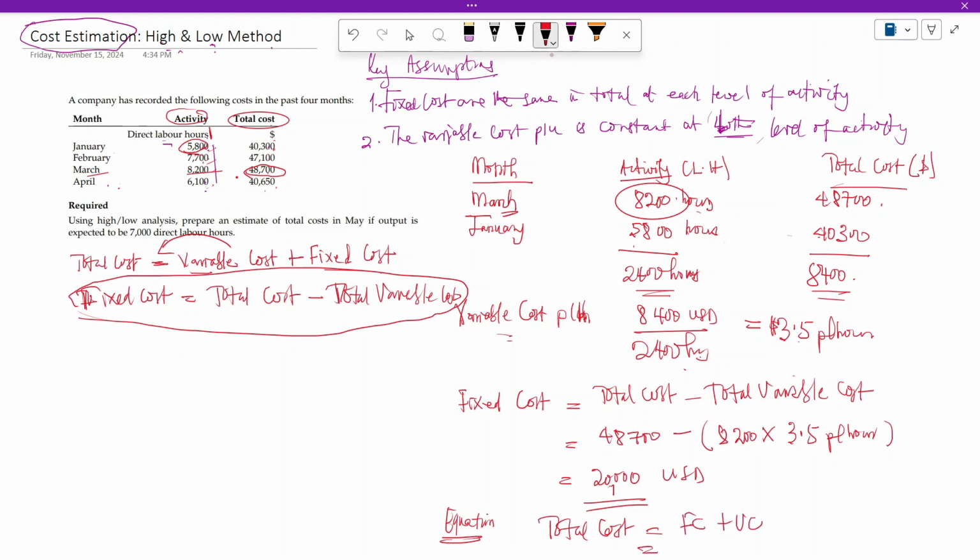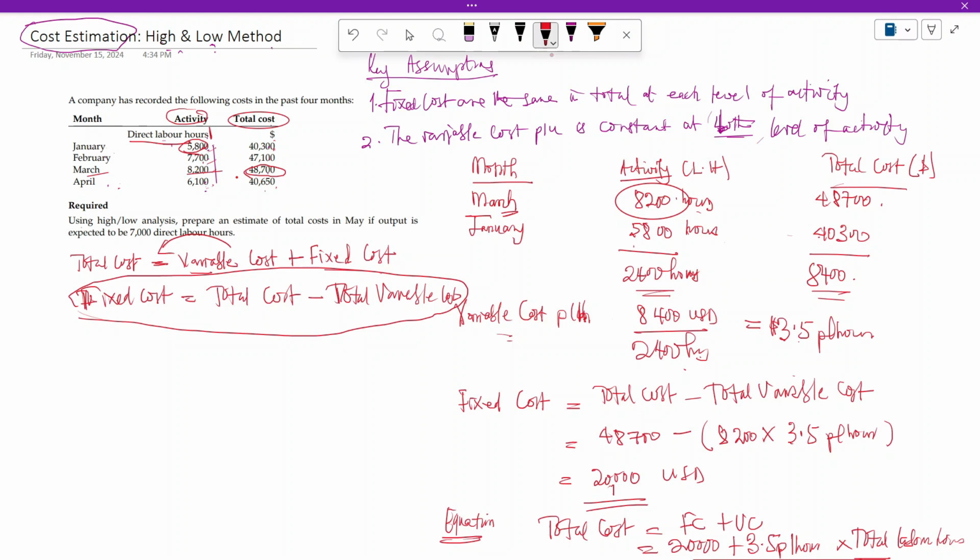So the fixed cost is 20,000 plus 3.5 US dollars per hour times total labor hours, because in the question it says labor hours. So this is the total cost equation.